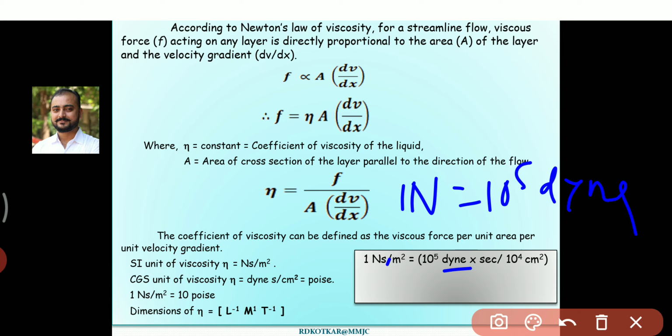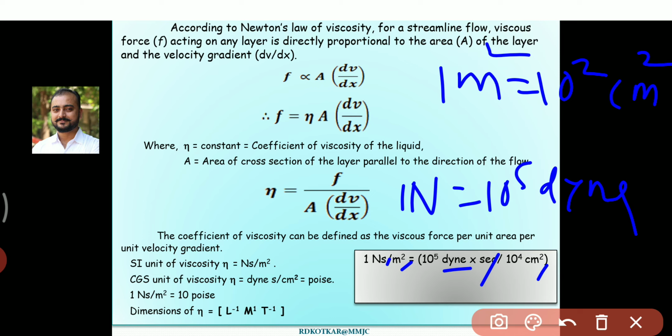Then second remains as it is. Meter square gets converted to centimeter square. 1 meter equals 100, or 10 to the power 2 centimeter. So the square of this, 1 meter square to centimeter square, becomes 10 to the power 4.